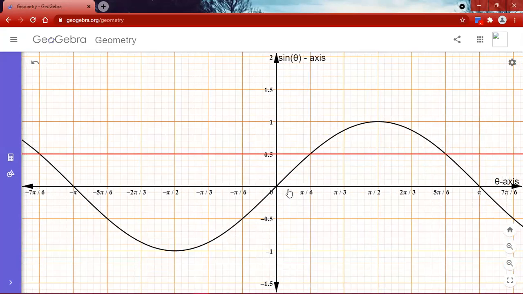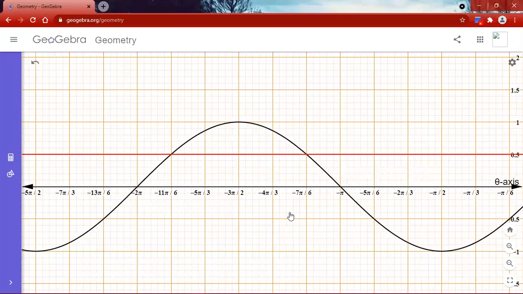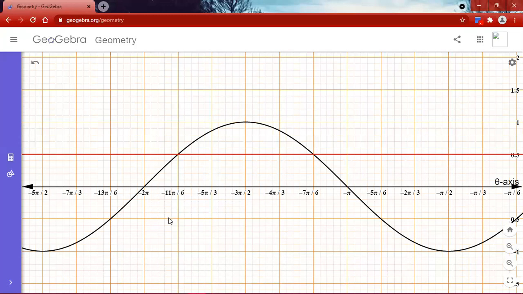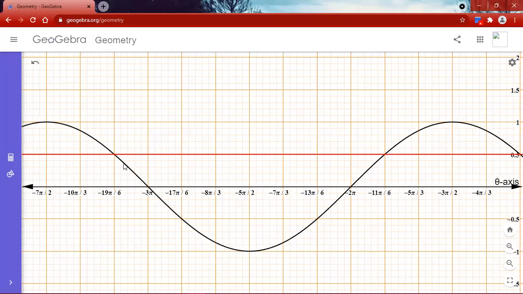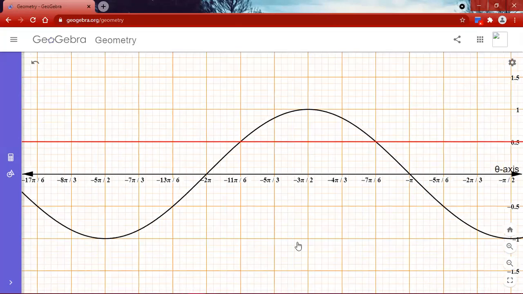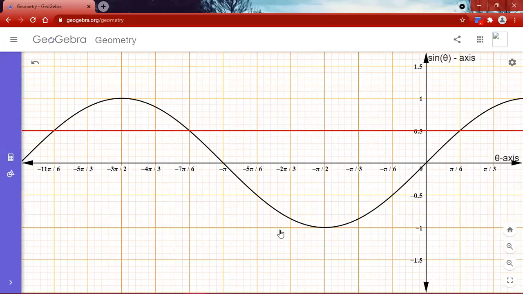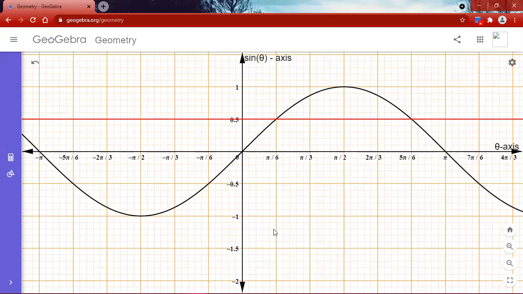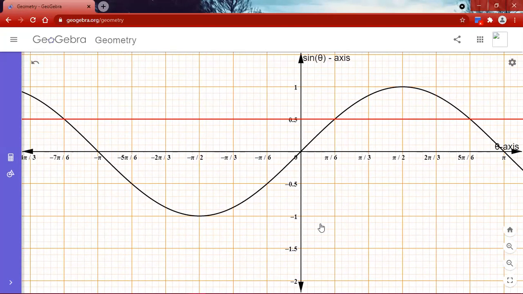To the left of 0, I'm going to have -7 pi over 6, -11 pi over 6, -19 pi over 6, and so on. So I have an infinite set of solutions. Okay, great. I'm just going to write down some of them.